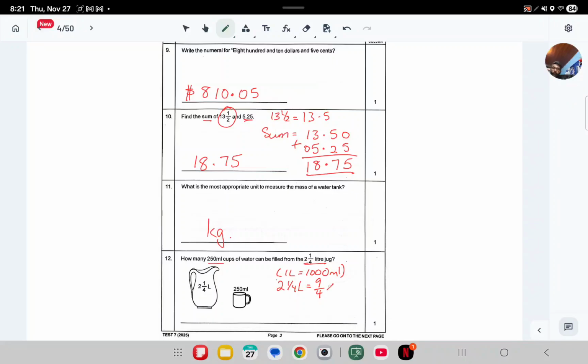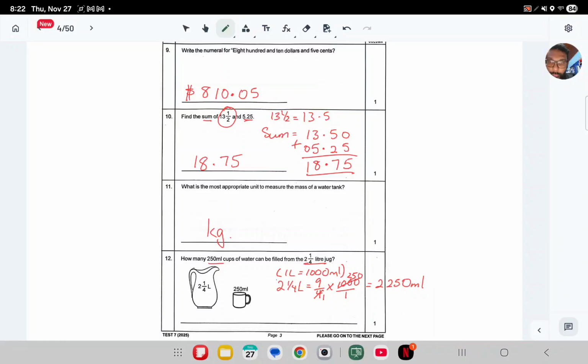And whenever we convert liters to milliliters, we multiply by 1000. Alright, so we know 4 could go into 4 one time, 4 could go into 1000, 250 times, right? So 250 multiplied by 9, that would be 2250 milliliters. So we know the capacity of the jug is 2250 milliliters.